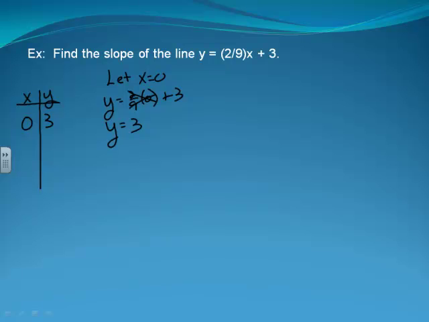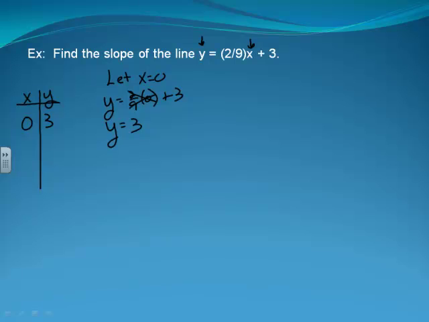Now I could let y be 0 as well, but because I can see that that equation is already solved for y, it would be easier just to pick an x value and I wouldn't have to move stuff around. I could just throw it in my calculator or do my math by hand if I picked an x, and I'd have y without moving anything around using algebra.